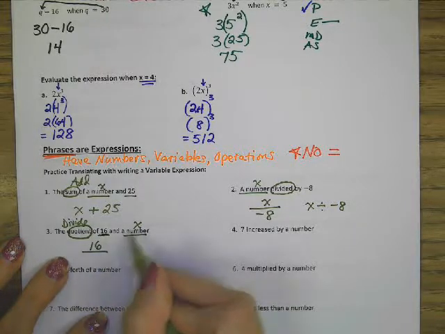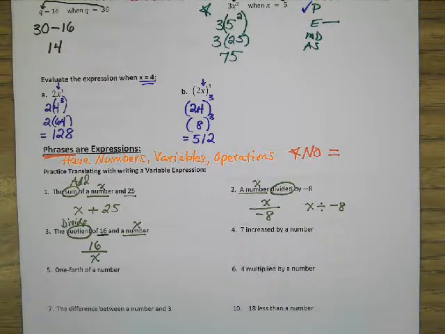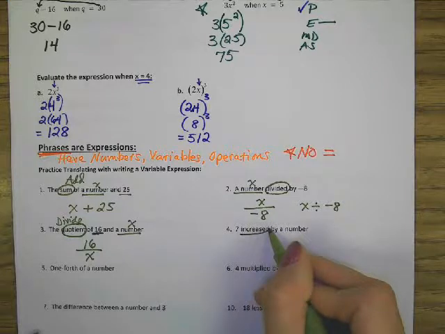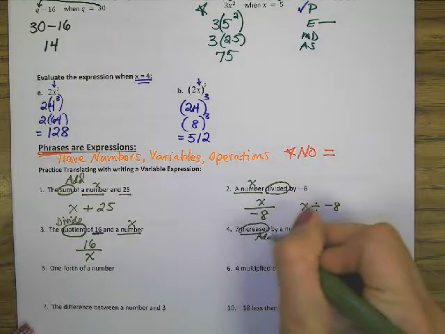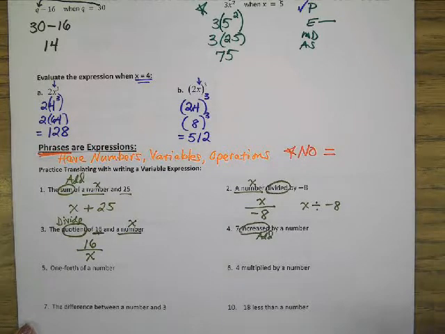Okay, what's the math word here? Increased. What operation does increased mean? It means add. It means to get bigger. I'd really like it if they increased my salary, right? Pay me more. 7 increased by a number. I'll call that x.